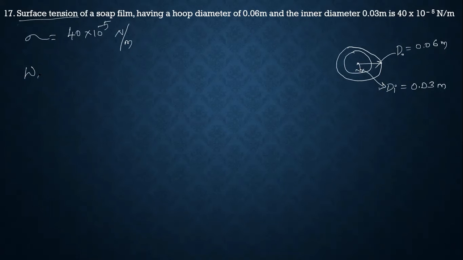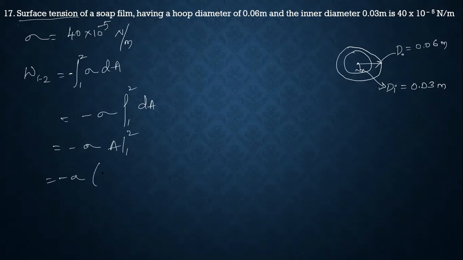Now, surface tension work is given by W1-2 = minus integral from 1 to 2 of surface tension times the change in area. Therefore, you are integrating with respect to area. Surface tension is constant, so I bring it outside: integral of dA from 1 to 2 gives A2 minus A1.